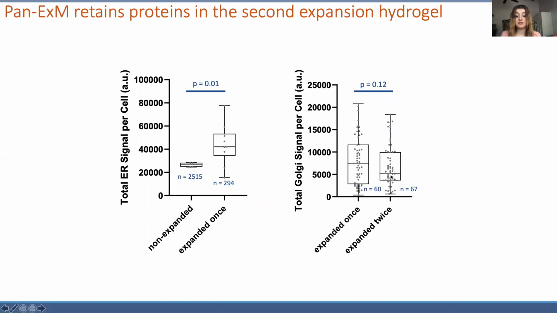After the second expansion, we see essentially no difference between it and the fluorescence signal in gels that are expanded once. And so this suggests that entanglement of proteins and linear polymer hybrids and cross-linked polymer networks is an appropriate mechanism for protein retention and hydrogel expansion.